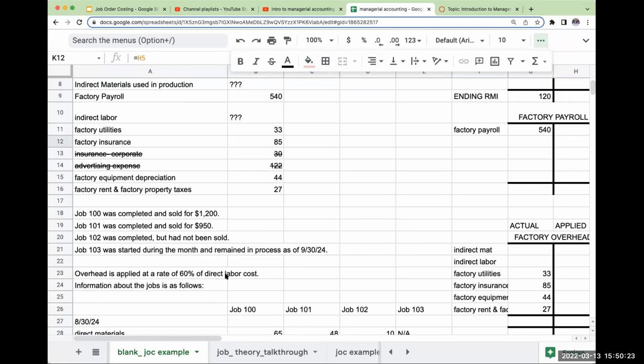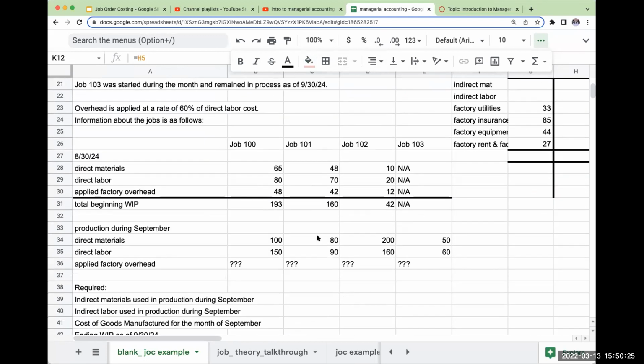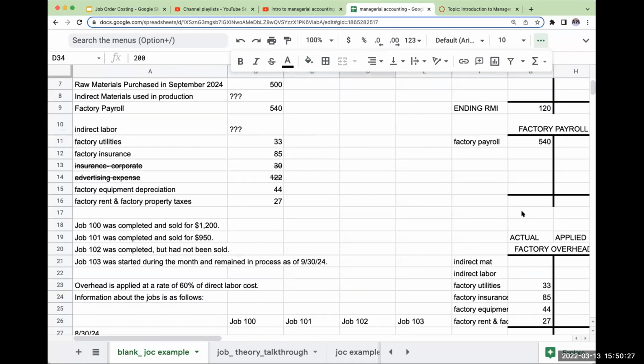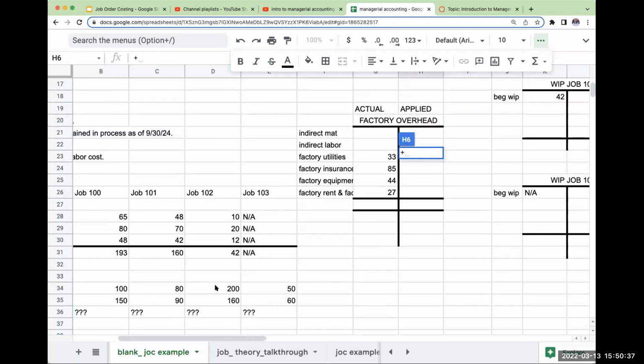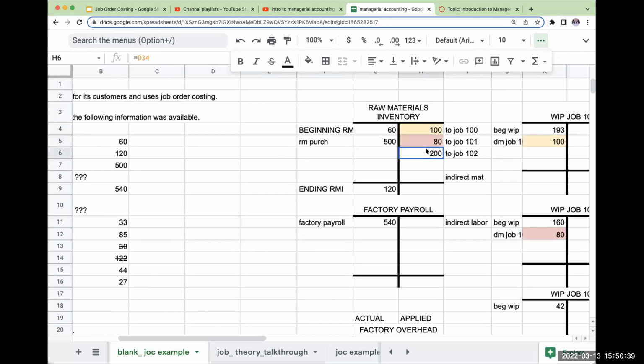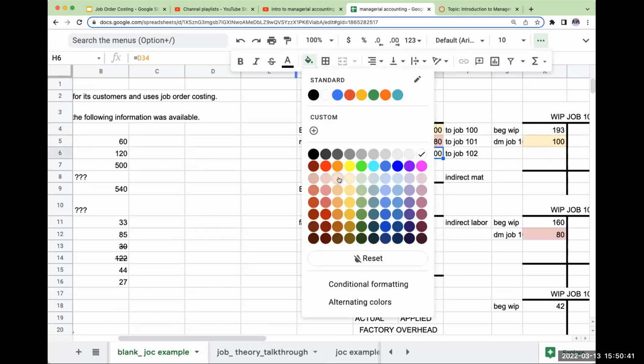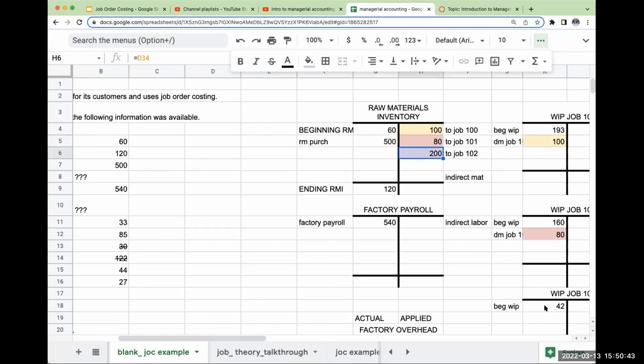All right, let's go down to the next one. Okay, so I got 180. Now I got to go to 200. So over here, this is to job 102. Again, these are all direct materials. Okay, so this is going to travel here basically to job 102.